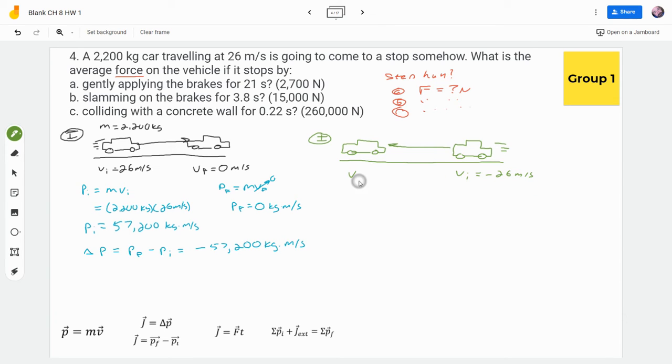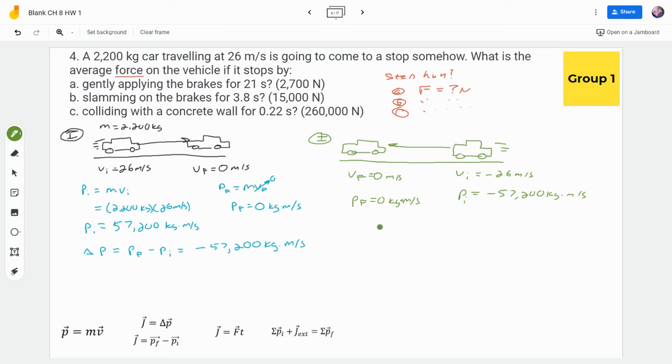V final is still 0. Now, if you did it this way, notice you would have a negative P initial. I'm not going to do the math again, but P initial would end up being negative 57,200 kilograms meters per second. P final is still going to be 0 kilograms meters per second.